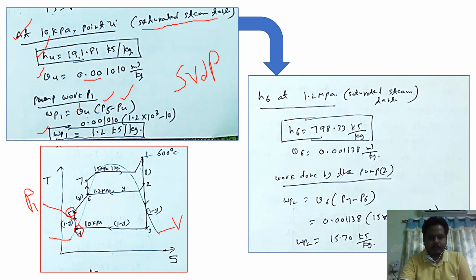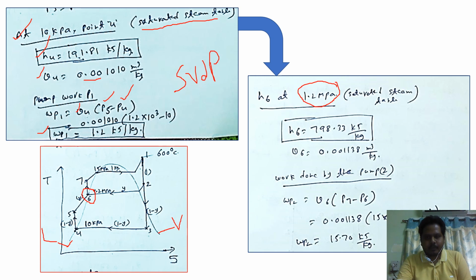Same way, we can find the enthalpy at point 6. Here also point 6 is on the saturated liquid line, so we have to refer to the saturated steam table at the given pressure of 1.2 megapascal.